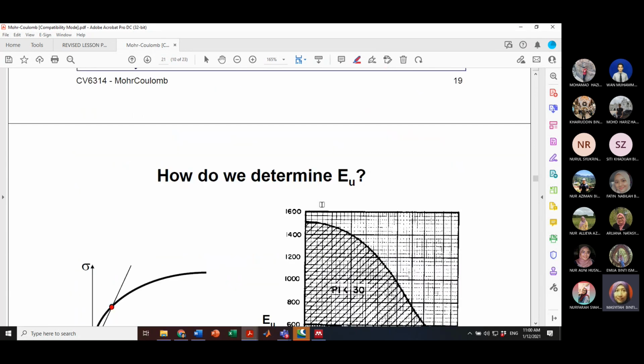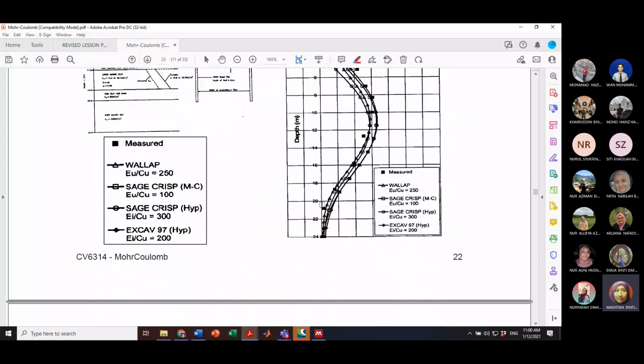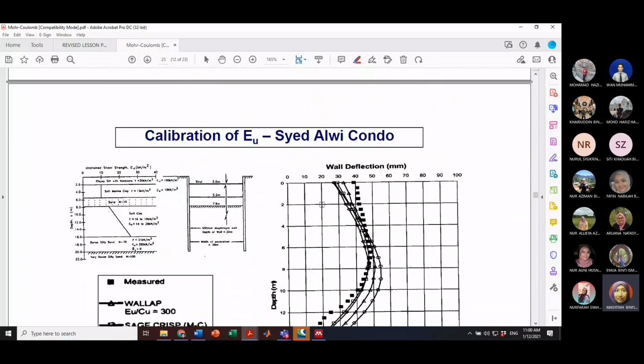Okay, in summary, I think that's the important part about the Mohr-Coulomb, iaitu kalau you nampak throughout the notes highlighted about the 5 important parameters of the MC model.